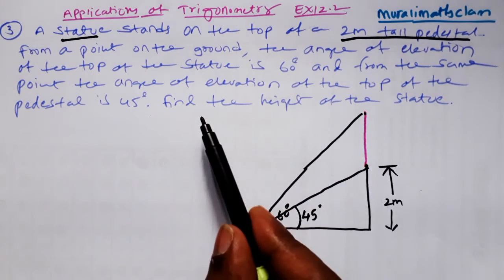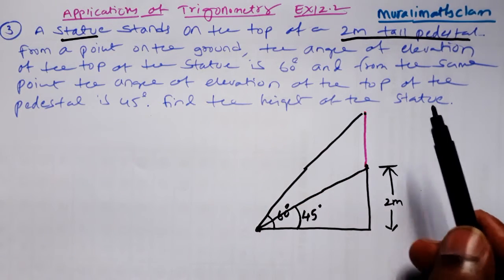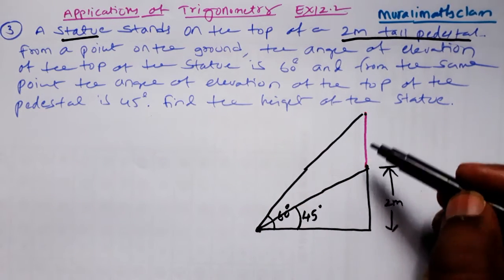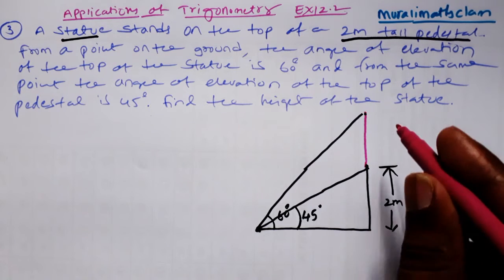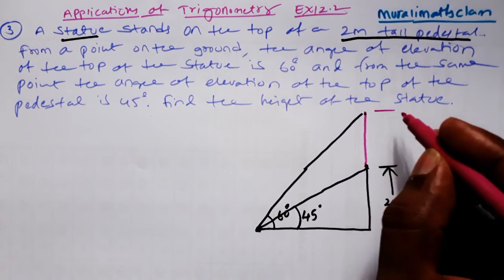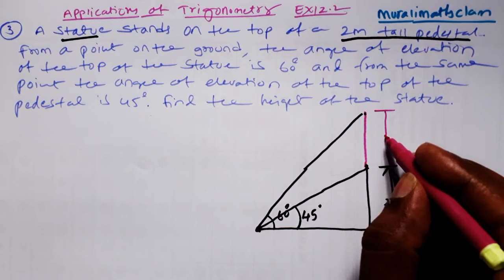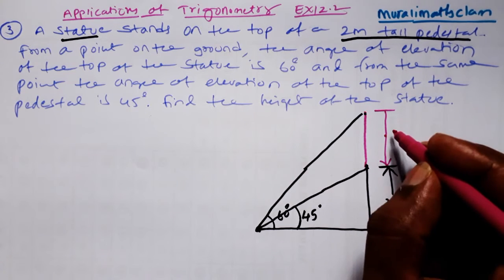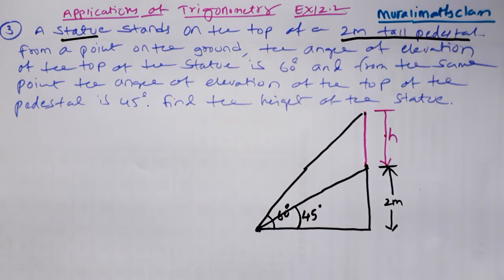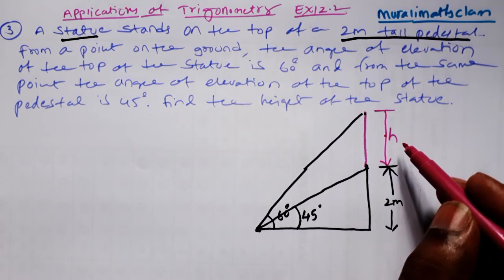Now he is asking: find the height of the statue. Statue height means this one, h. We need to find the height of the statue, that means we have to find h.